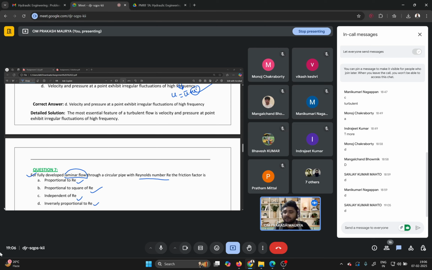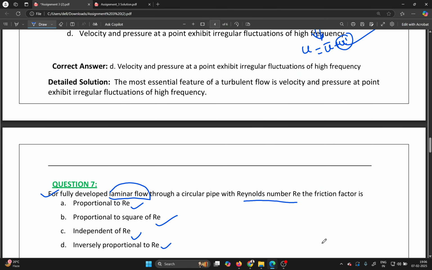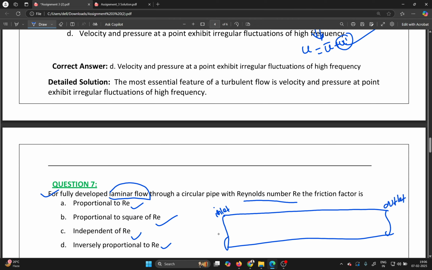Okay, let me discuss. Actually, fully developed laminar flow means, if this is the pipe, at the entrance, if this is the inlet and this is the outlet, at the inlet, when your flow enters the pipe, what will happen? The velocity variation will be like that.